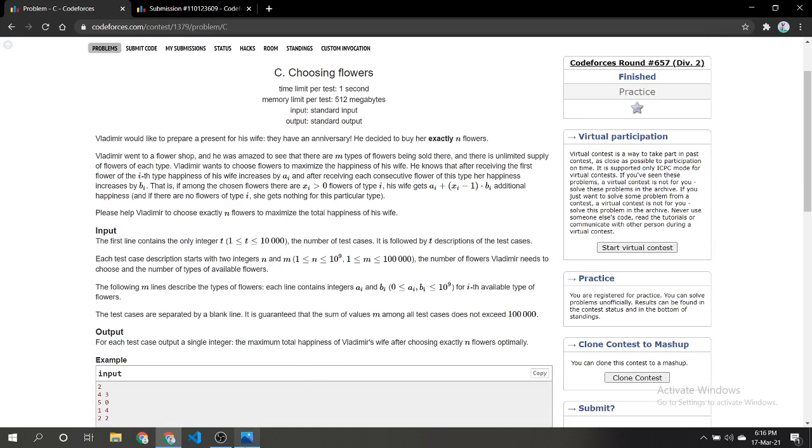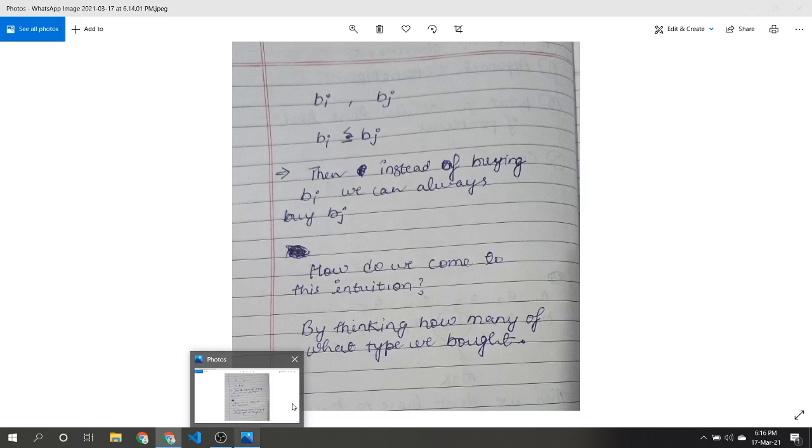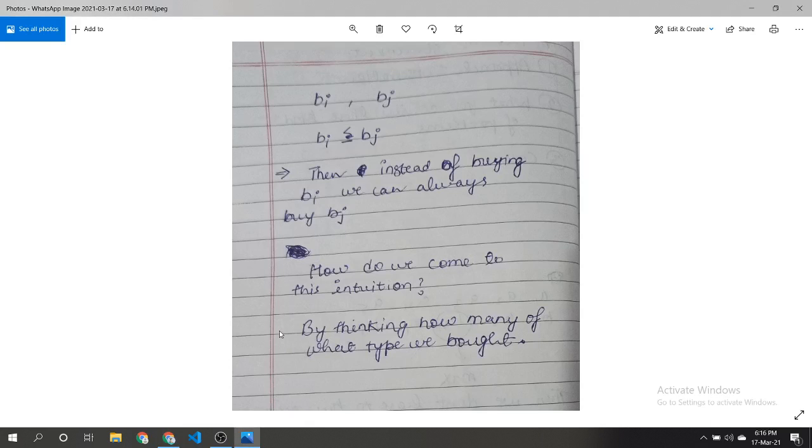We will observe that we won't have to buy more than one type of flower more than once.